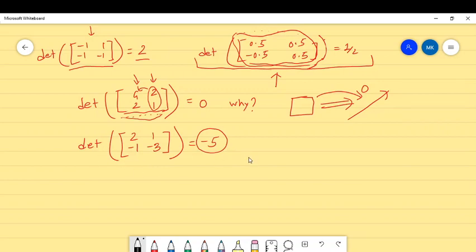So for a normal case, let's say this is a 2D coordinate system and this is your I cap and this is your J cap, right?